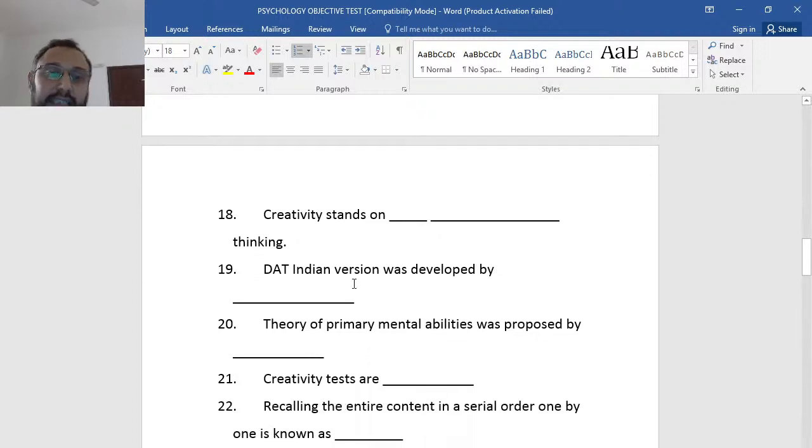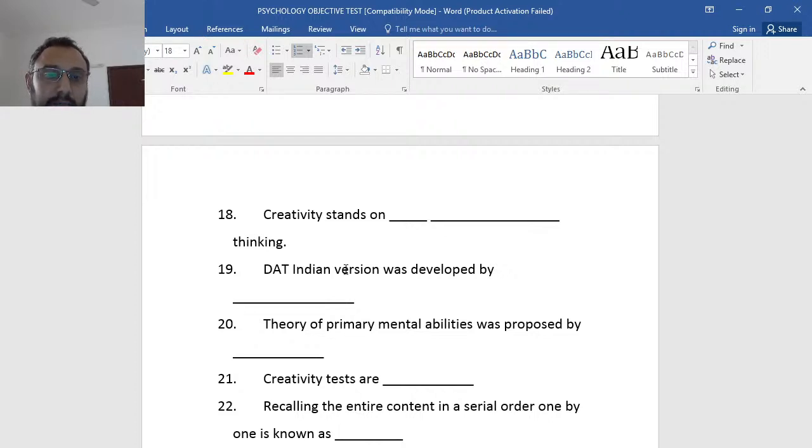Now, the 19th question, if you see, the DAT Indian version was developed by J.M. Ojha. The actual DAT version was developed by George K. Bennett. But there is nothing in your syllabus about George K. Bennett, and they just gave it to us.